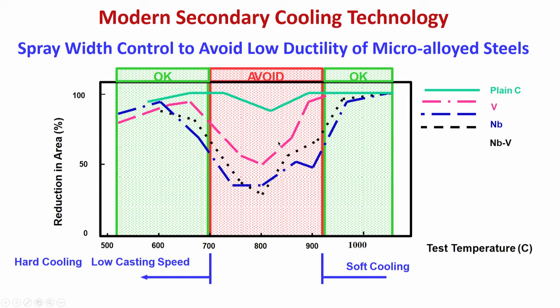So, what is the problem? Whatever strain is getting generated, and whatever strain rates are associated with that strain, if that is above a critical level, there is crack formation. The ductility of the steel in the form of reduction in area is getting affected. So, these microalloy steels are more critical than plain carbon steel.